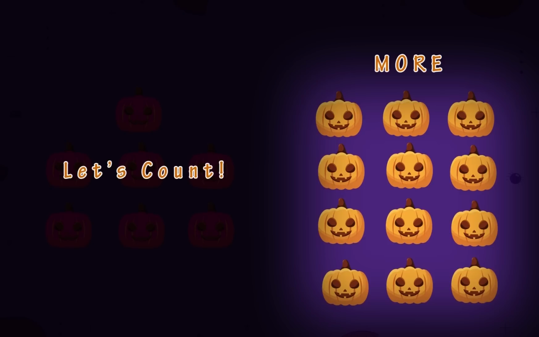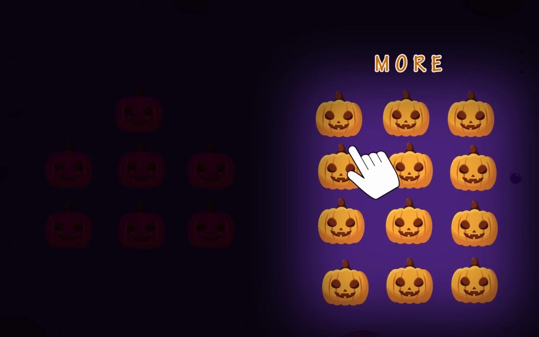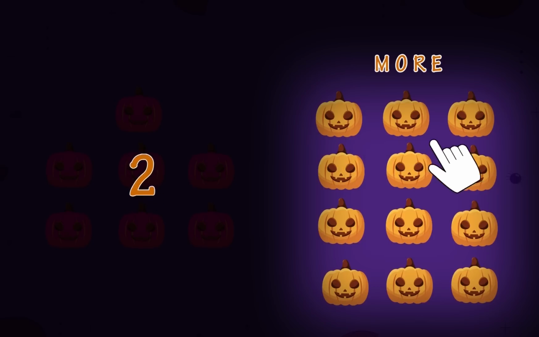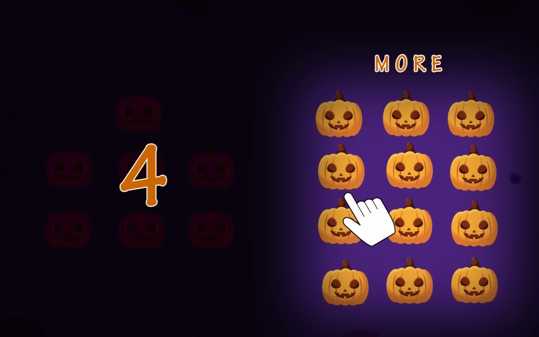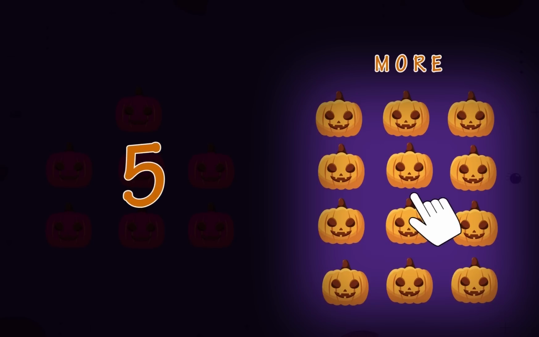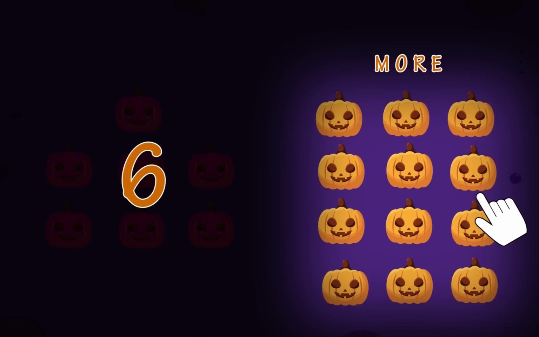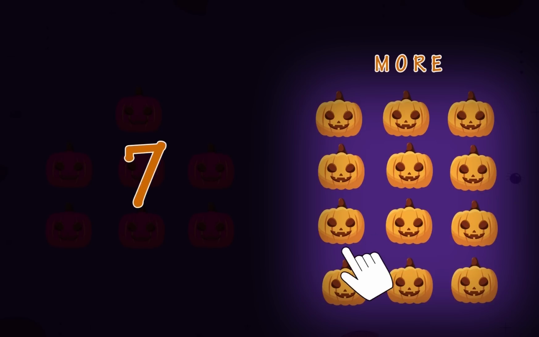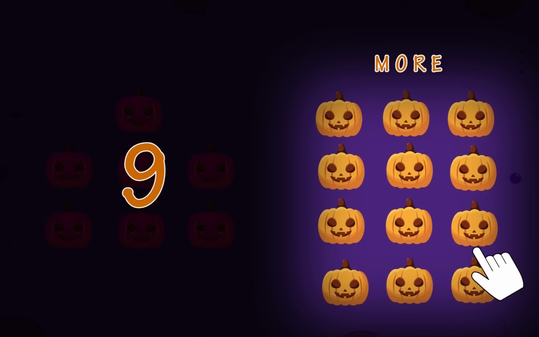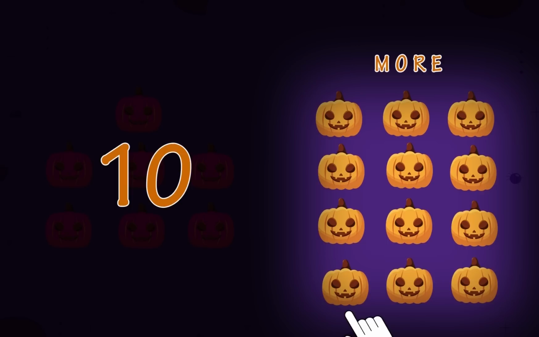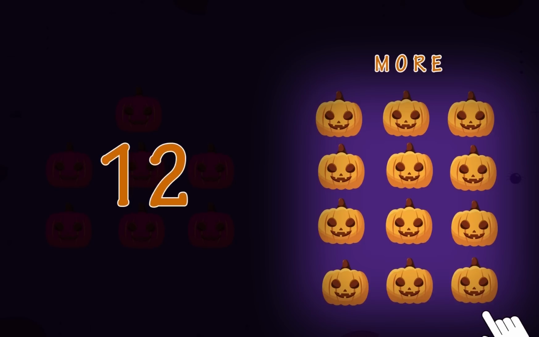Let's count. 1, 2, 3, 4, 5, 6, 7, 8, 9, 10, 11, 12. There are 12 orange pumpkins. Good job.